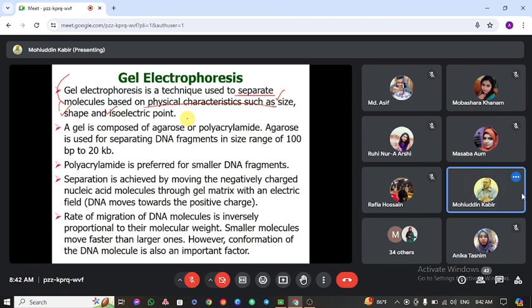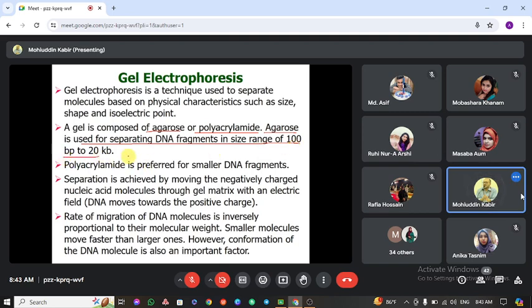Now, in gel electrophoresis, we use two different compounds. One compound is agarose, another compound is polyacrylamide. Agarose is used to separate DNA that has a range between 100 bp to 20,000 bp.